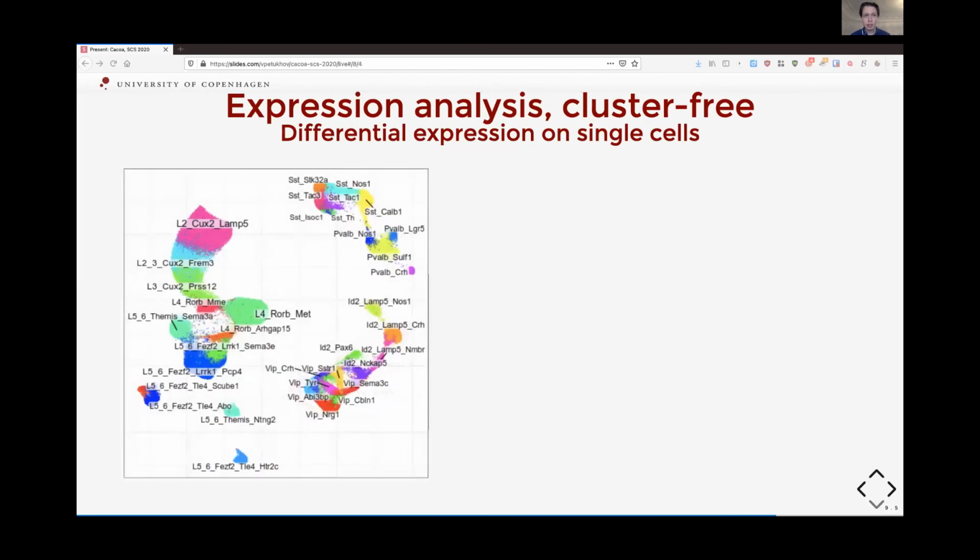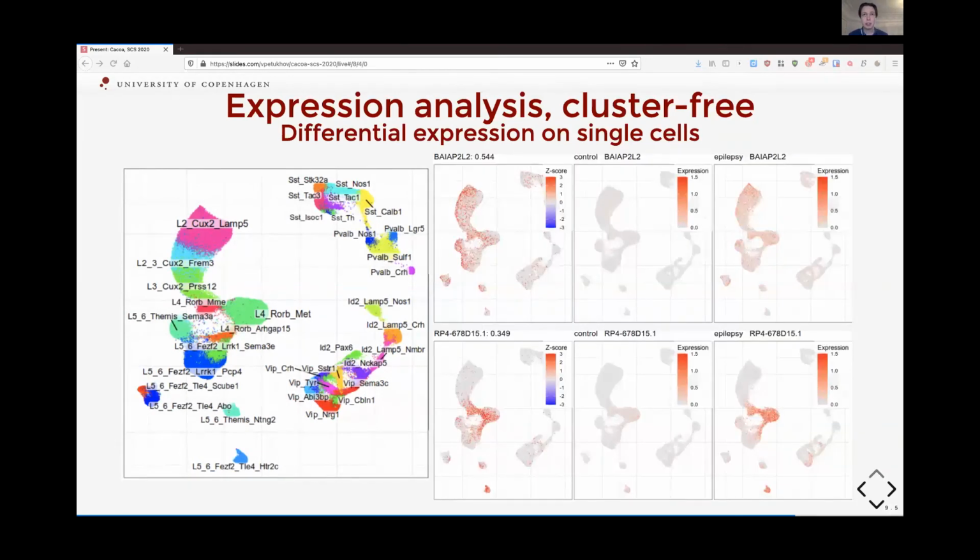And at the end, if you look at the whole dataset, we can estimate z-scores for each of the cells, and we can just pick genes which affected the highest number of cells, and you can see two of them here.